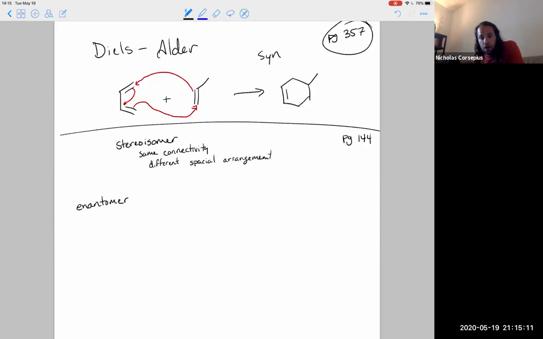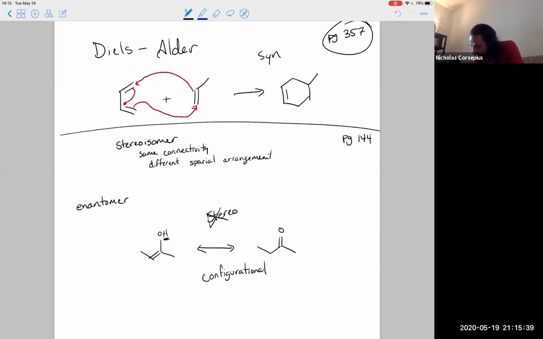So from enol to ketone, this is a good example of what's not a stereoisomer. These are what are called configurational isomers, and that is because they have different connectivity of atoms.